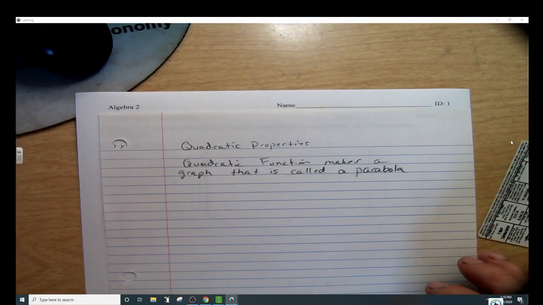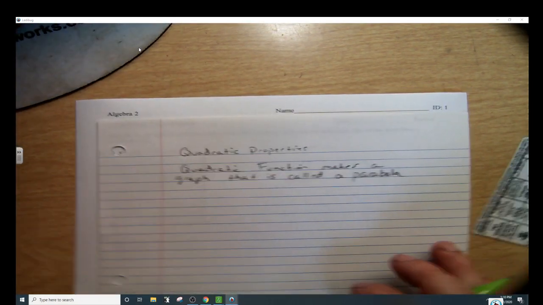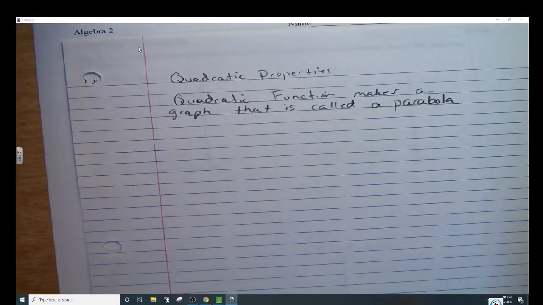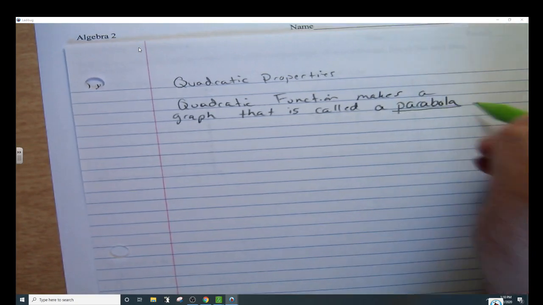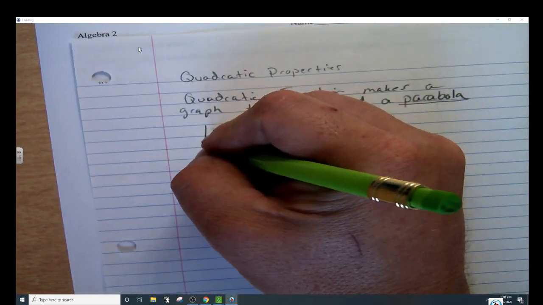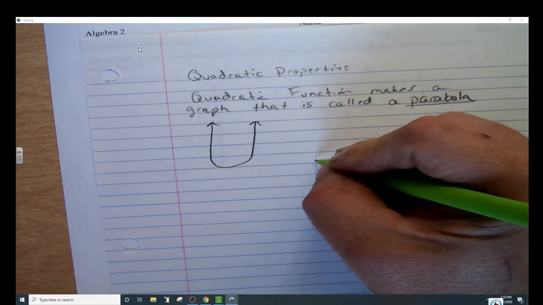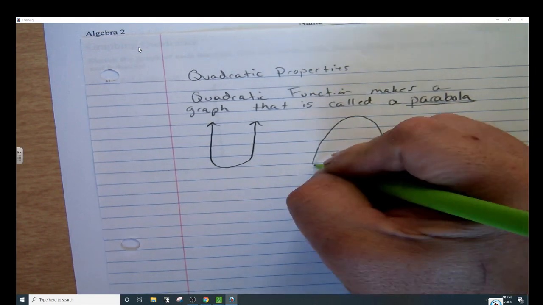With the school year getting cut short last year, some of this stuff you may have been in the middle of when all that went down. So first of all, it makes a parabola. A parabola either opens up this way, or it can open down. It makes a U shape.